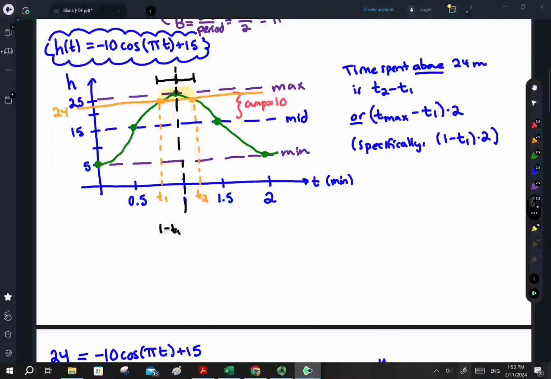And the last thing I want to check is that our alternate method that uses the symmetry of the graph also gets the same answer. So remember that because the graph is symmetric about the vertical line through the maximum, if we could just find the time it takes to go from 24 meters up to the maximum, we could double that to get the total time above 24 meters. So specifically, we're looking at the time at which the maximum occurs minus the first time we reach 24 meters, times 2.